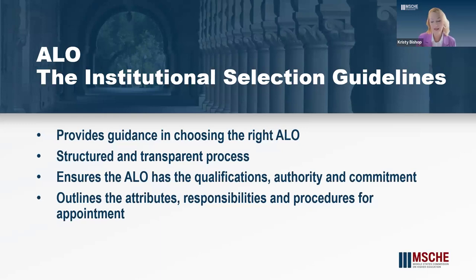It also assists affiliate institutions in understanding all those important qualities, the qualifications, the responsibilities that are required for appointing the right ALO. And then finally, it outlines the attributes, responsibilities, and procedures for appointment. So please look at the institutional selection guidelines. It is a really excellent document to help with this process.